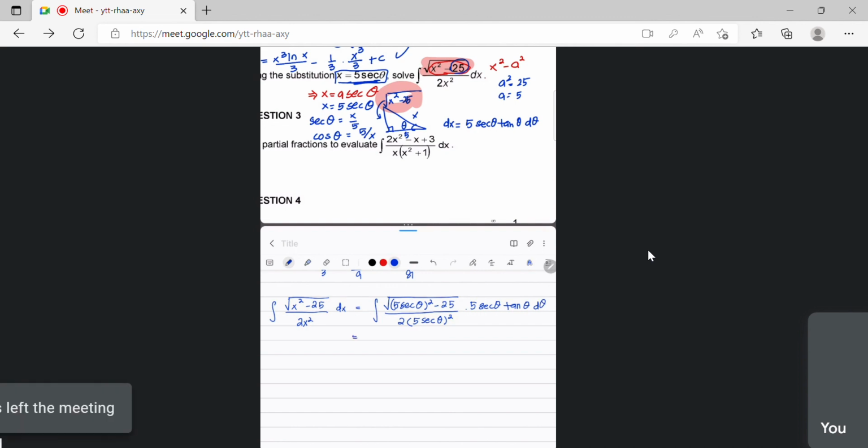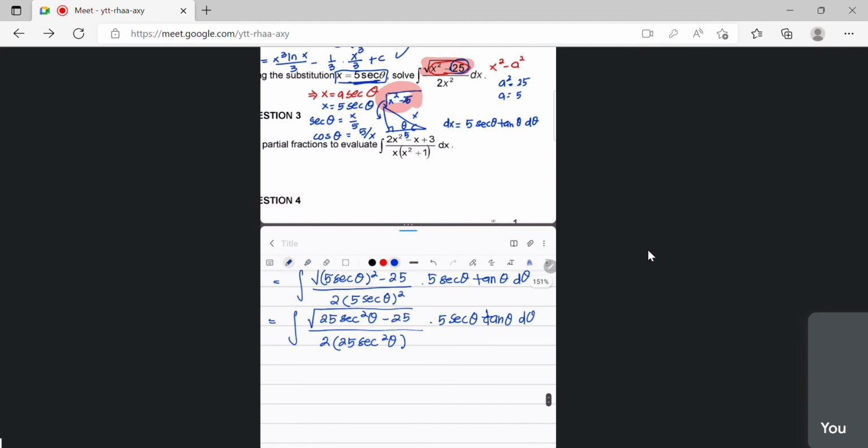Okay, expand the constant dulu. Okay, ni kita expand 25 secant squared theta minus 25. Okay, ni 25 secant squared theta. Sini ada 5 secant theta tangent theta d theta. Okay, hint number the second hint, constant mesti sama.